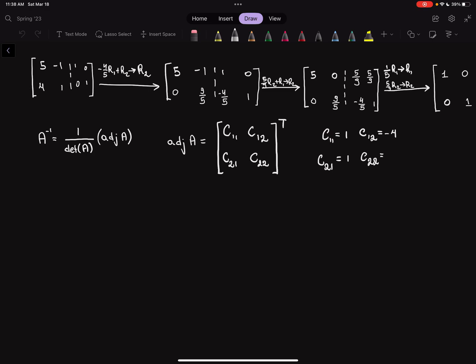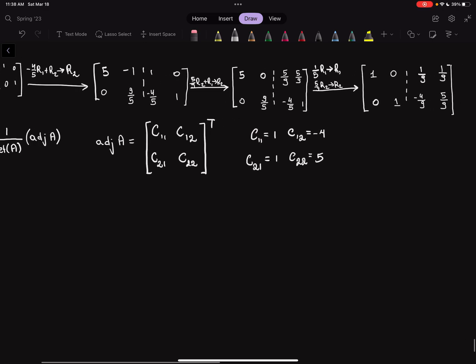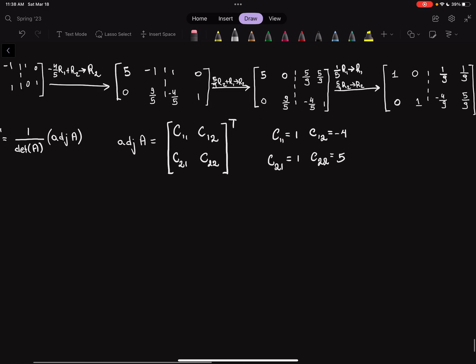Let's take out the second row, second column, we just get a 5. So now we say the adjoint of A in this specific circumstance is going to be C11, which is 1, C12, which is -4, C21, which is 1, and C22, which is 5.